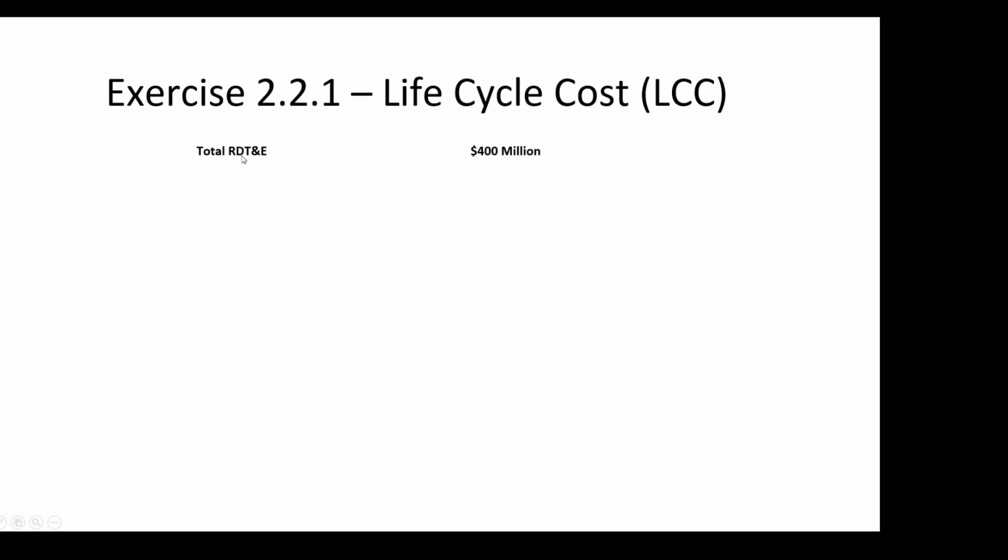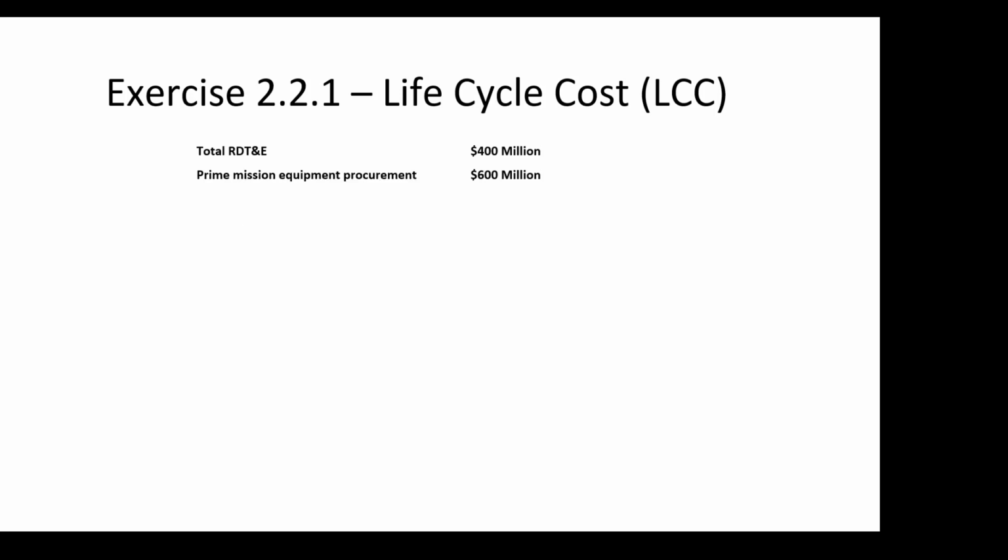The example given gives you total RDT&E. So what they did for you is add up all the RDT&E already. But in your actual exercise, when you do the test, you may have several RDT&E dollars listed, and you have to know, I need to total all of this to give the development cost, for example.